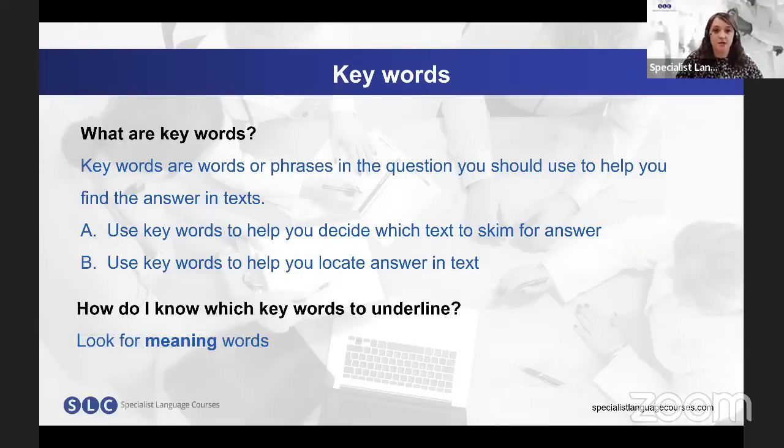So usually you would look for meaning words. So looking for meaning words as opposed to small grammatical words is usually the most helpful way for you to find the answer. So let's take a look at an example of what these meaning words are.